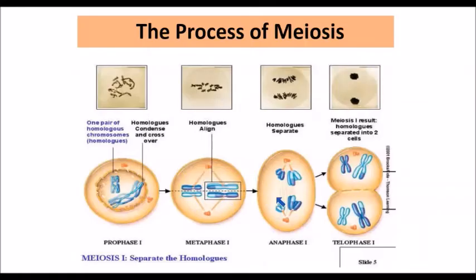Now in meiosis 1, let's go over to anaphase 1. You're going to see that the chromosomes are not going to separate in terms of splitting into individual sister chromatids at this stage. So the centromeres are still intact.